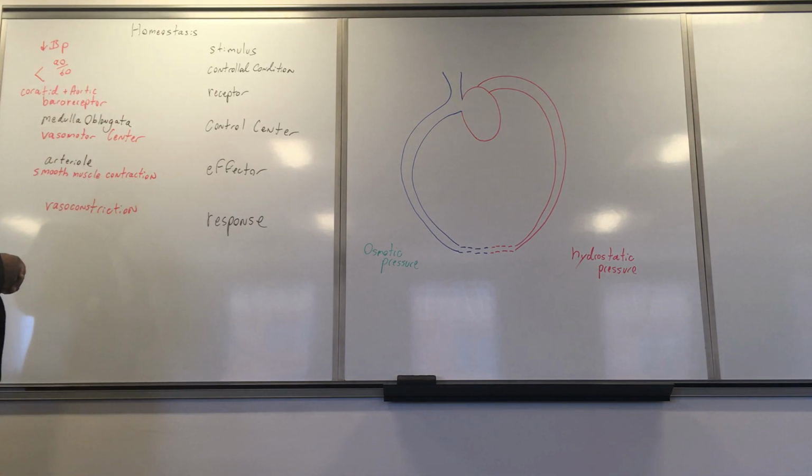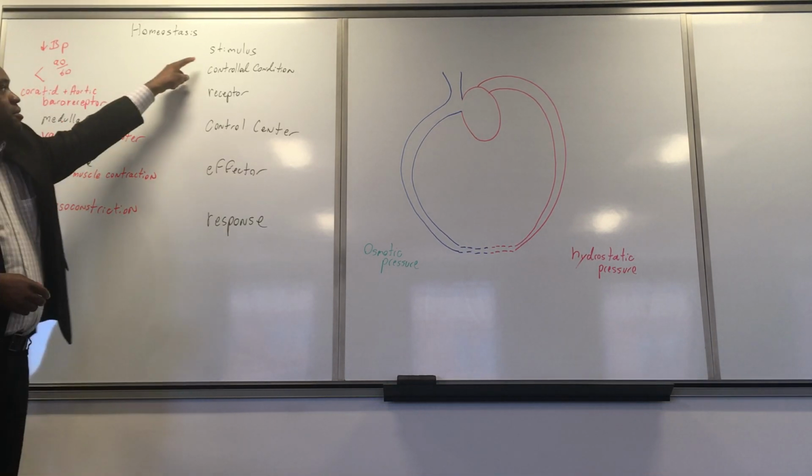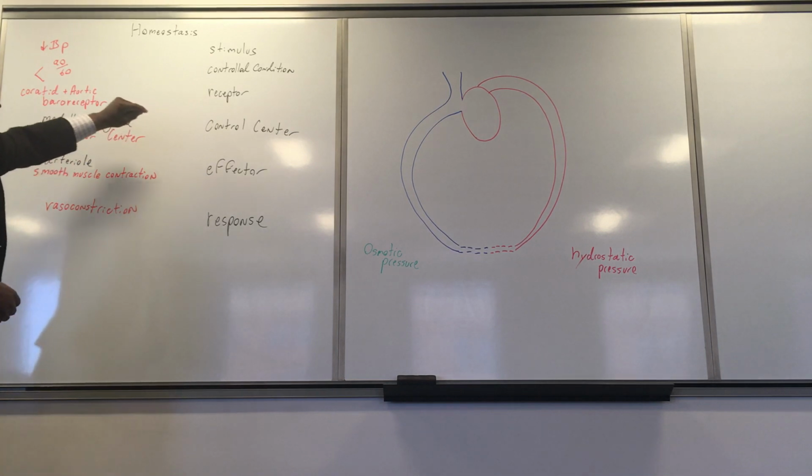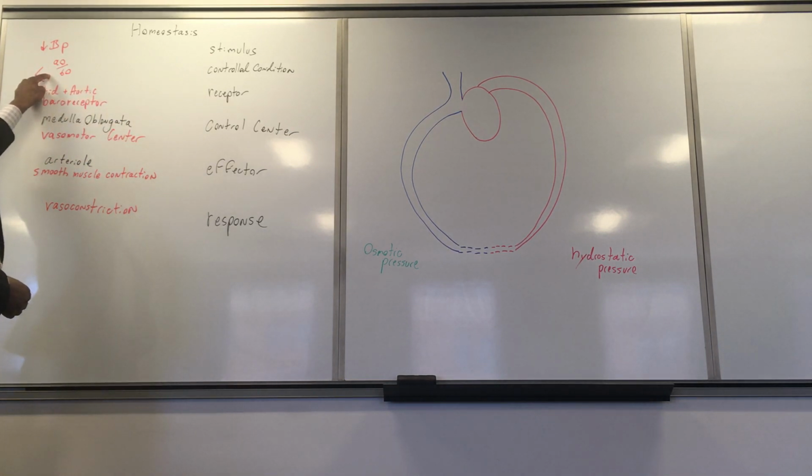And so what's going to happen is that your low blood pressure is going to be that stimulus that changes your internal environment. Now you have a low blood pressure in that internal environment. Not good. Can't get oxygen and nutrients to tissue.